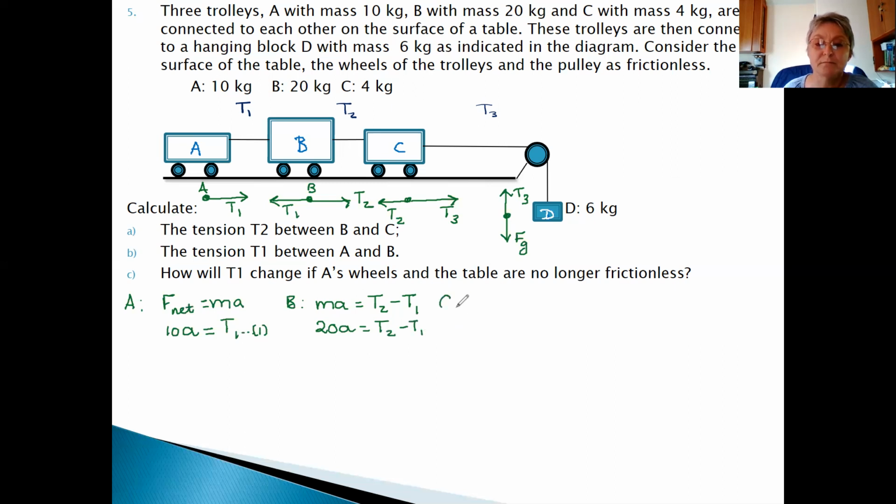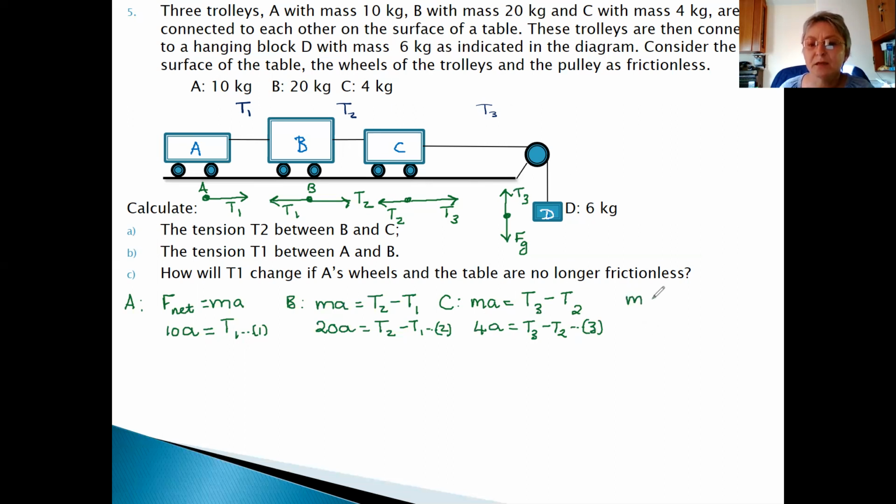For C, the MA would be equal to T3 minus T2. So our M here is 4A equals T3 minus T2. Sorry, I forgot to number this equation as 2 and the next equation as 3.